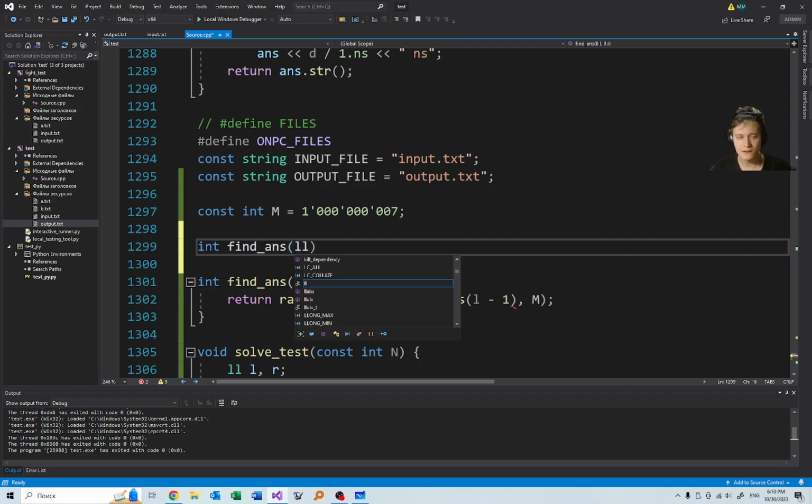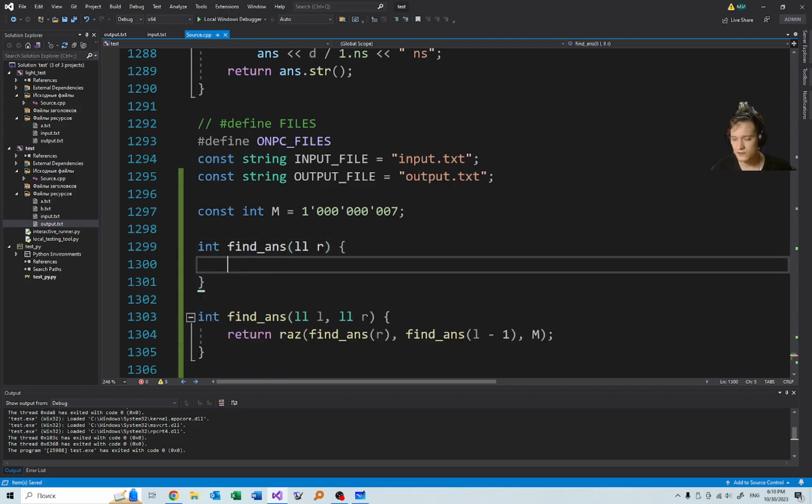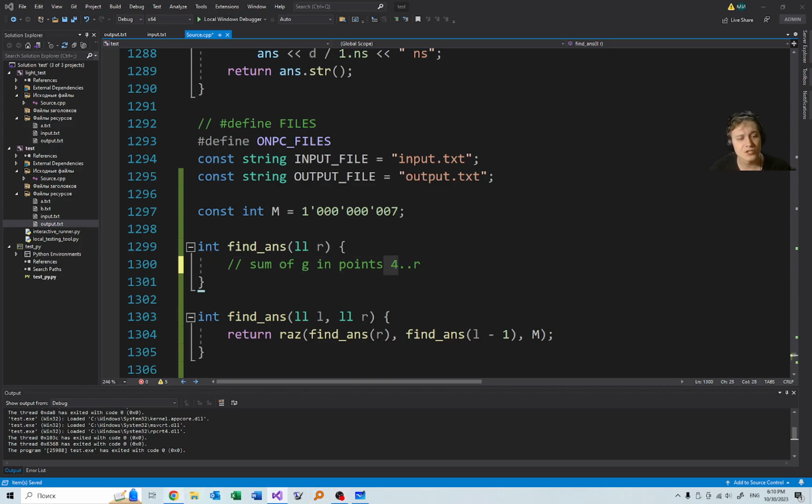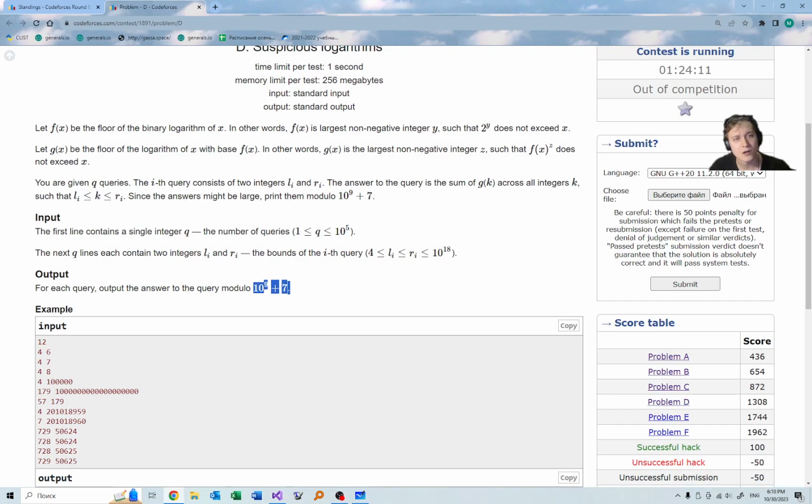So now we have only L and R. So this returns the sum of g in points from 4 to R. Why from 4 and not from 0? Because actually g is not well defined for numbers 1 to 3.